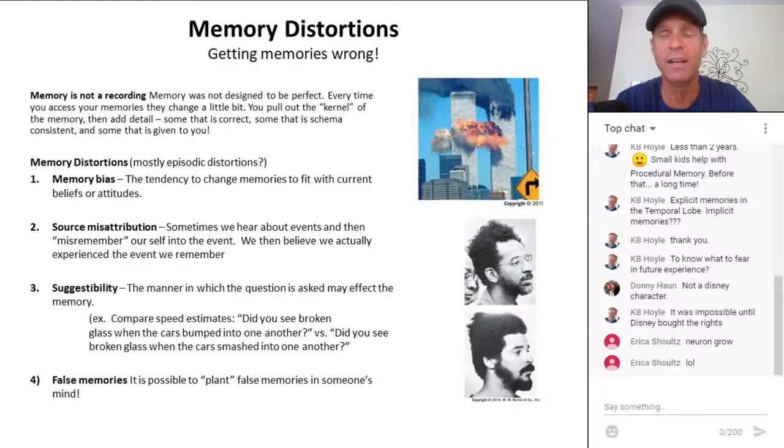And in fact, in the study that you're going to watch, this is actually not a picture of Ronald Cotton, but look how these two fellows down here at the bottom right kind of look similar. They both have beards, they both have mustaches, prominent nose, their hair is a little bit the same. And so what happened in the Ronald Cotton case was the victim wrongly accused Ronald Cotton of the crime, and then Ronald Cotton became the guy she remembered.